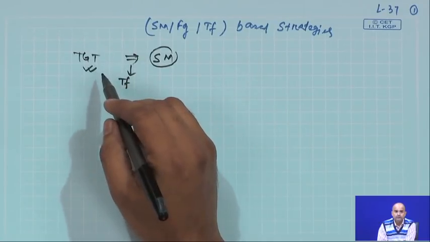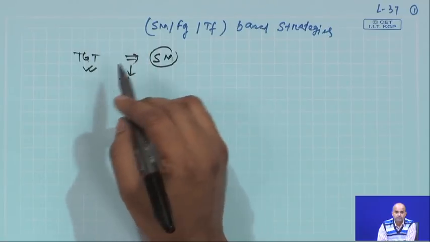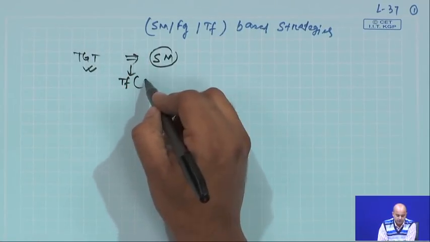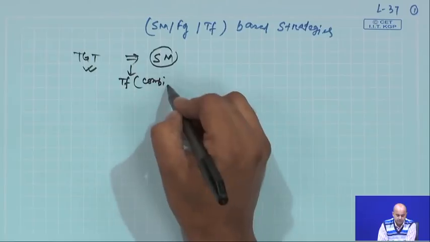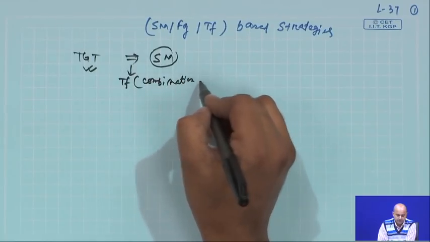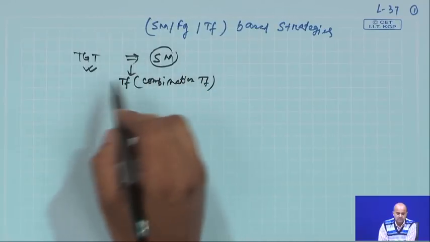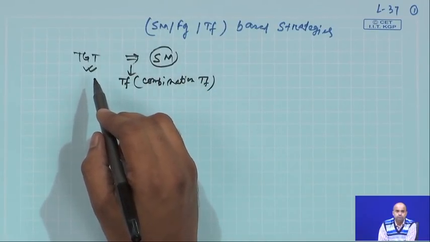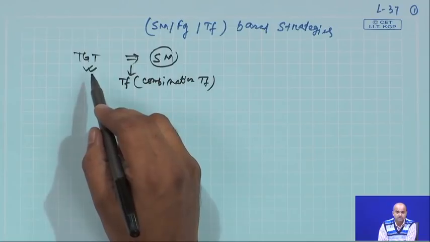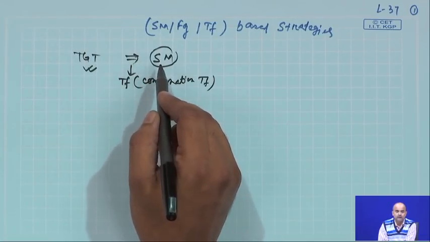Now, if your target is a little bit complex, then probably you need a combination of transformations. A single transformation might not be sufficient. In addition, you can also think of what functional groups are present in the target molecule and what functional groups are present in the starting material.